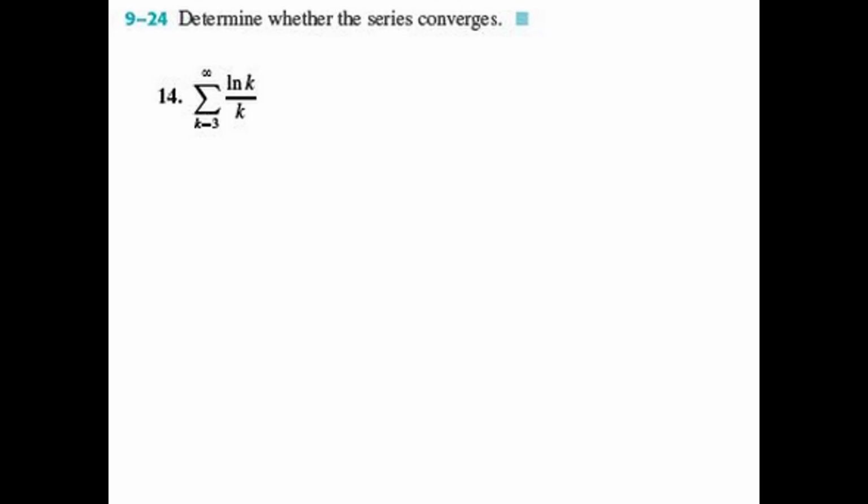But if you look at this, you can realize that if I were doing the antiderivative of the natural log of x divided by x dx, this integral wouldn't be too hard to do, right? Because this is a u substitution. U would be the natural log of x. Du would be 1 over x dx, and then that would be a pretty basic integral. But we're taking this from 3 to infinity.